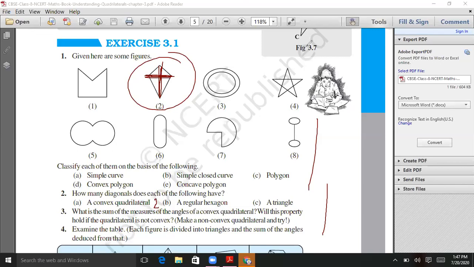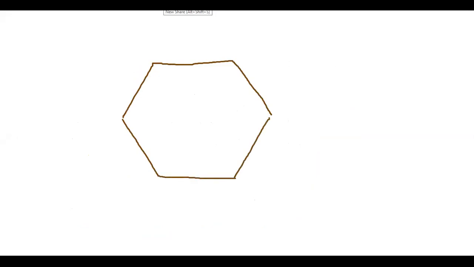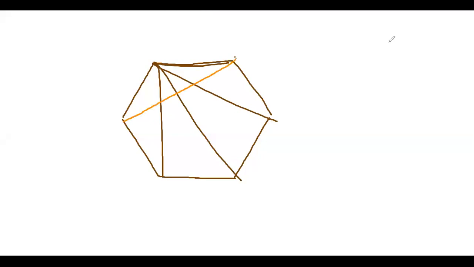Second one is regular hexagon. Let's make a regular hexagon now. 6 sides, and they should be equal. This is a hexagon. Let's join its opposite vertices. I start from here. 1, 2, 3. These are already joined. Okay. Then 4, 5, 6. The next is already joined.